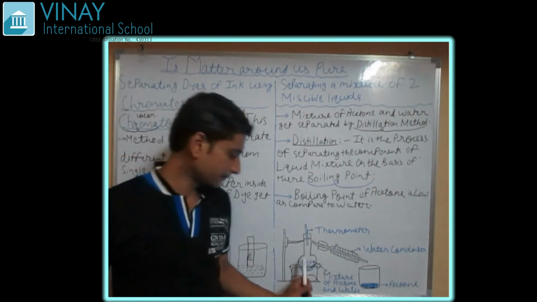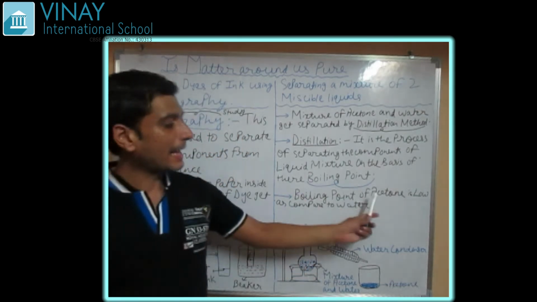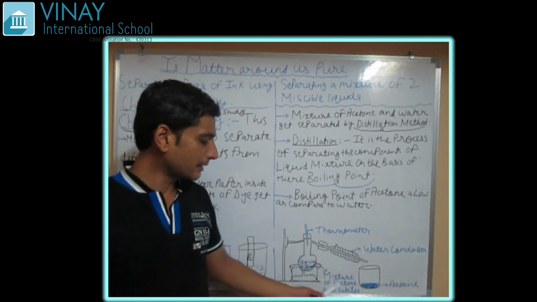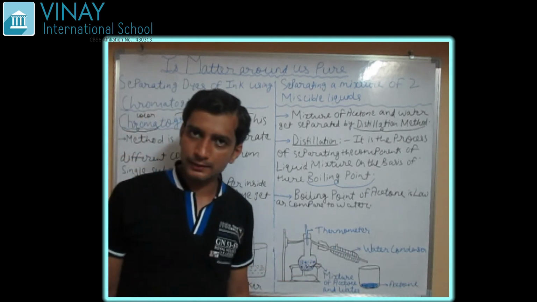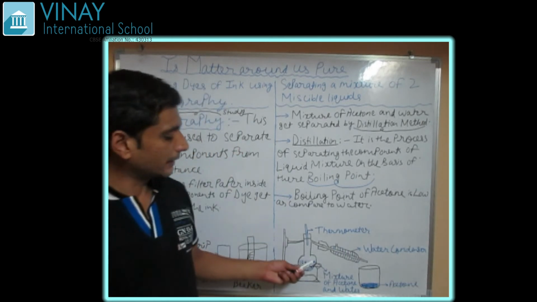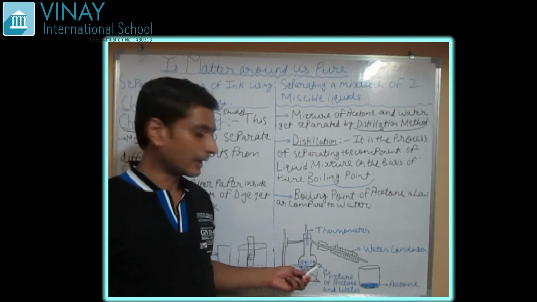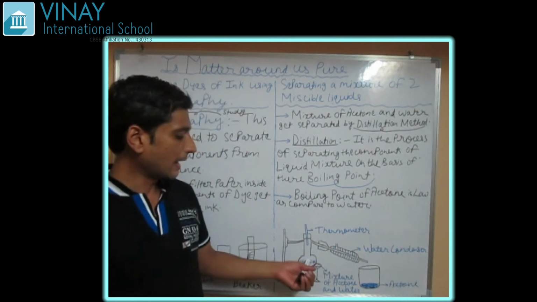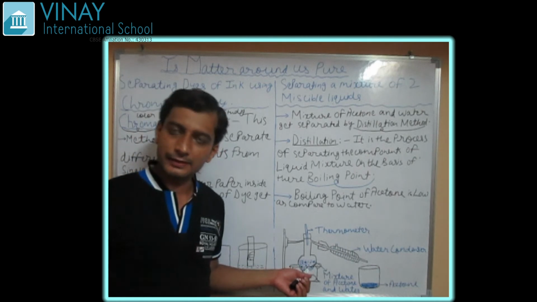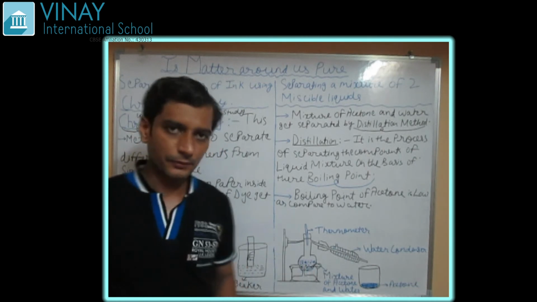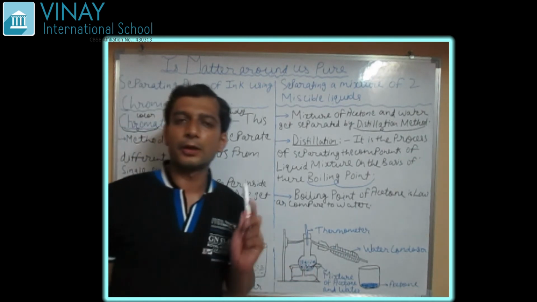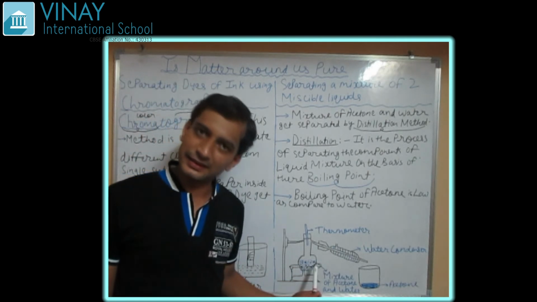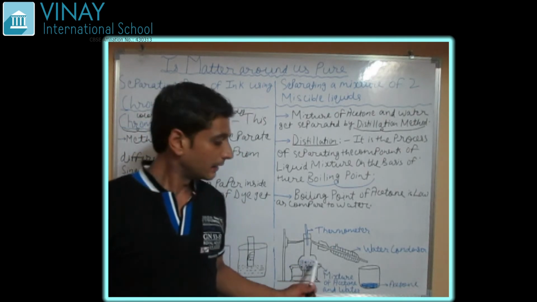What is happening here? As soon as we start boiling, here is a mixture of acetone and water. When the temperature reaches approximately 55 to 60 degrees Celsius, the acetone present here will start rising, because the boiling point of acetone is 55 or 56 degrees Celsius approximately.